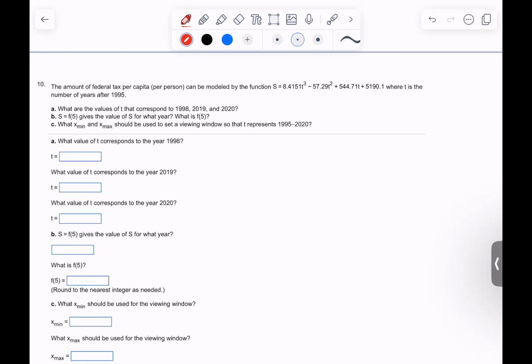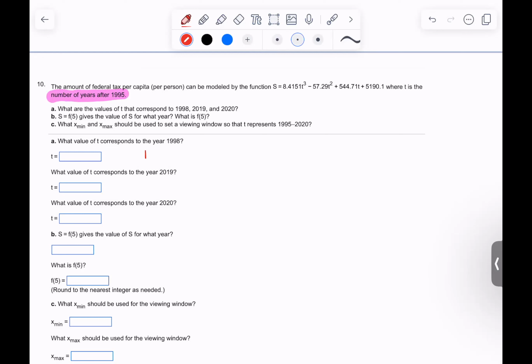This entire problem, almost in its entirety, is aligning data. So what are the values of t that correspond to 1998, 2019, and 2020? So if t is the number of years after 1995, then what would 1998 be?